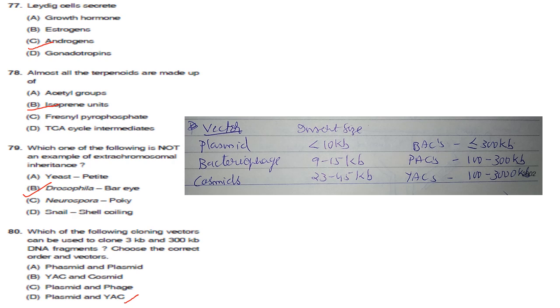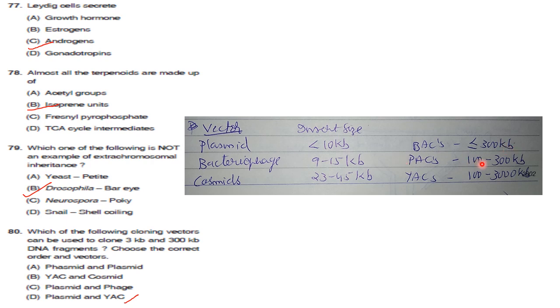Then next one. Which of the following cloning vectors can be used to clone 3 kb and 300 kb DNA fragments? Choose the correct order and vectors. So if you are using plasmid, insert size will be less than 10 kb. For bacteriophages, it is 9 to 15 kb. Cosmid, it is 23 to 45 kb, and BAC, it is greater than or equal to 300 kb.